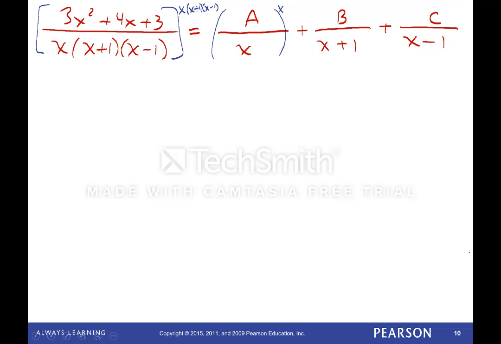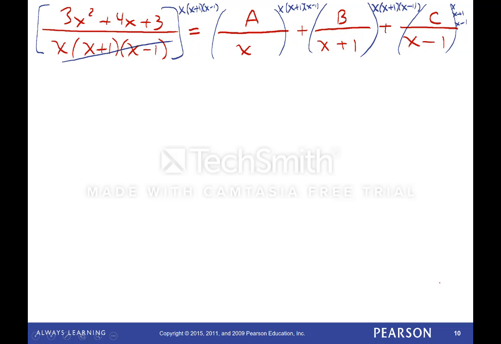That's going to cancel that, but then this one gets multiplied by x, x plus 1, x minus 1. And by now I think you realize what you have is the multipliers of all the factors besides the one that's underneath the A, B, or C values themselves.